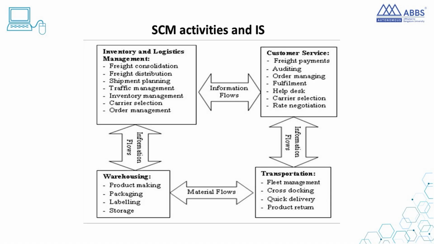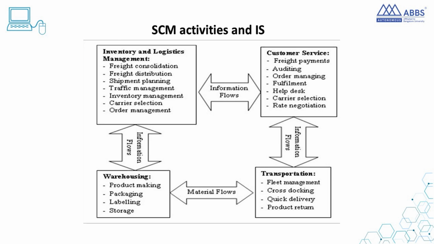Now, we can take a look at the supply chain management activities and how they are integrated with information systems. In the diagram, what we are seeing is information flowing and materials flowing between various layers of inventory and logistics management, customer service, transportation, and warehousing. Now, you see between warehousing and transportation there is materials flow.